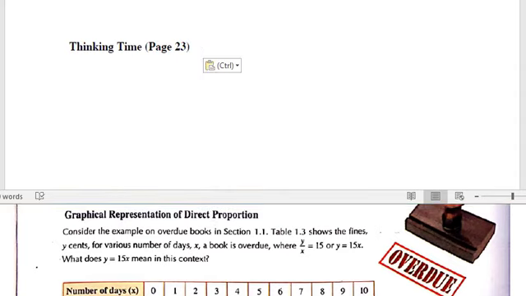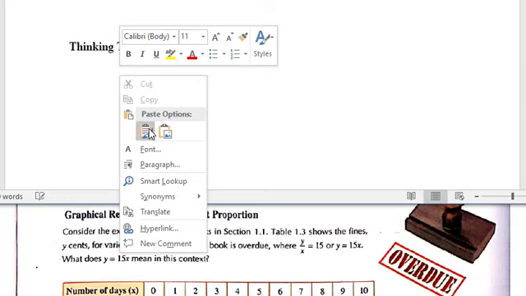Okay, the answer to the thinking time. If we assume k equals 0, then what will happen?